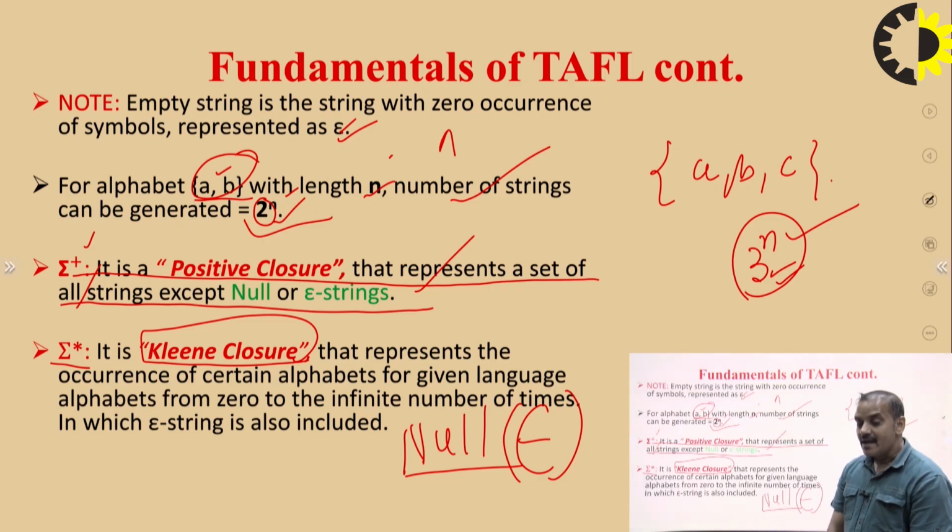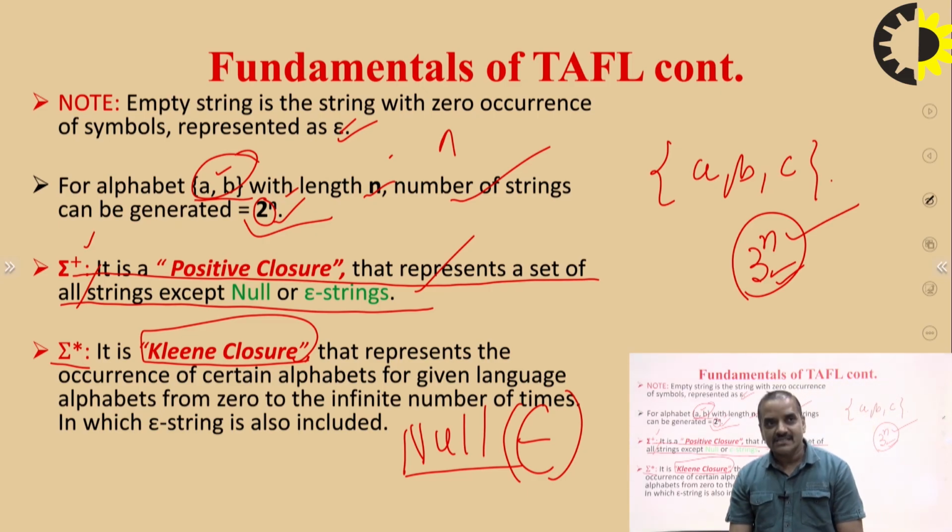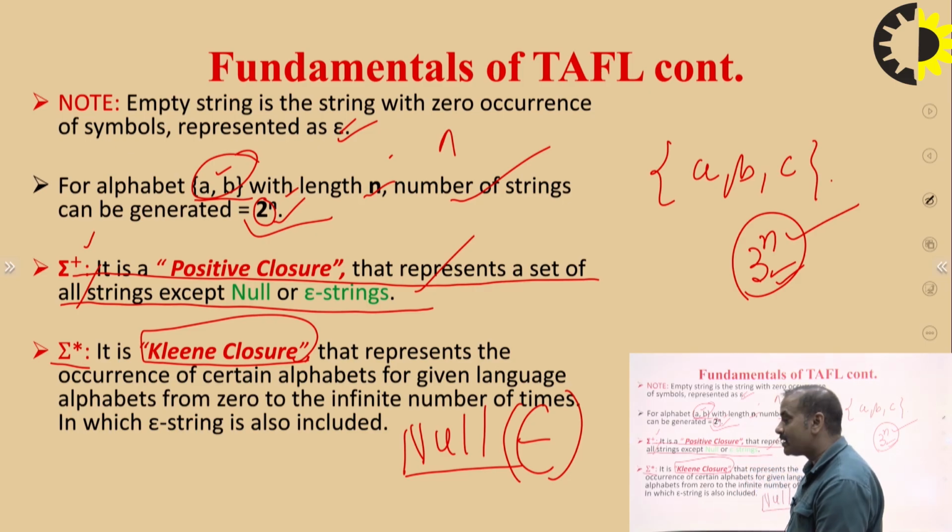That means the set of all strings concatenating one or more symbols is called sigma plus.